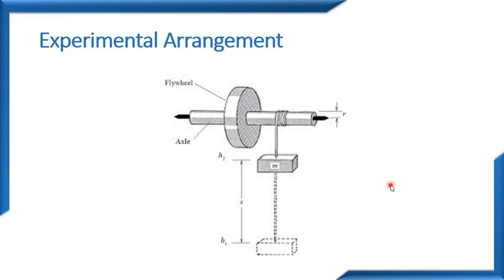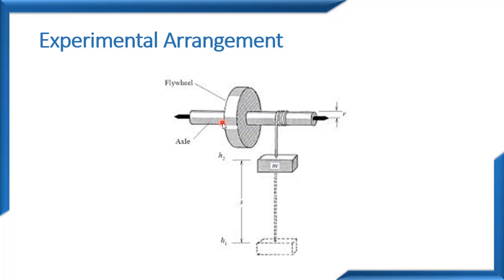So this is the experimental arrangement of doing a flywheel experiment. Here we have a disc. This disc will have a certain mass, and it is rotated about an axis passing through its center of mass and perpendicular to the plane of the disc.